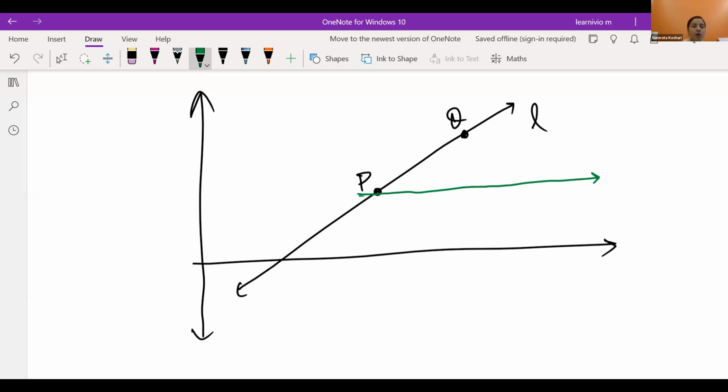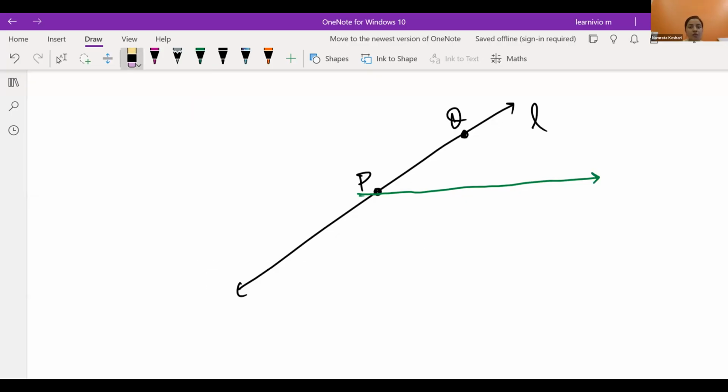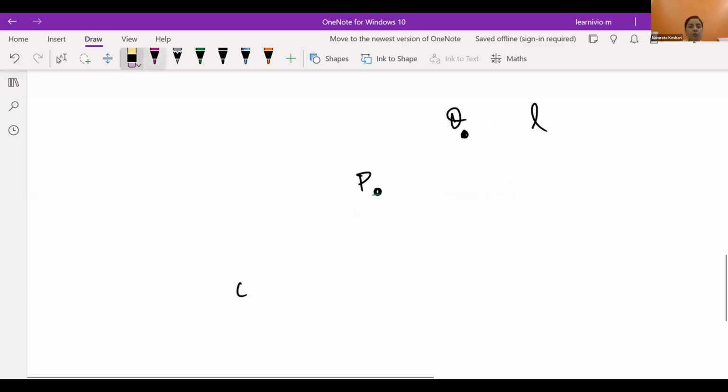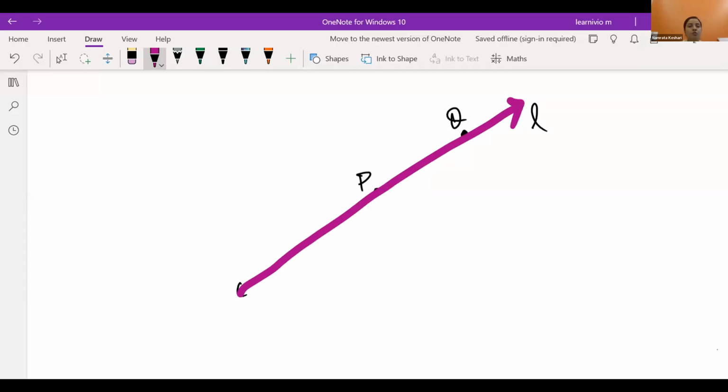Suppose this coordinate axis will not always be given to you. Just the line L will be given, and it will be asked what is the slope of this line L. So you can draw the x-axis by yourself like this.